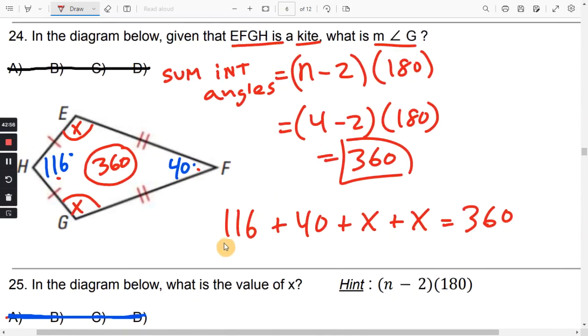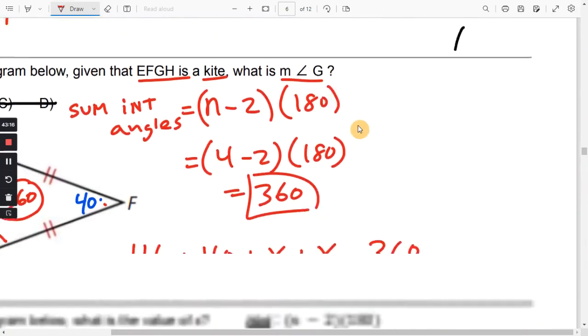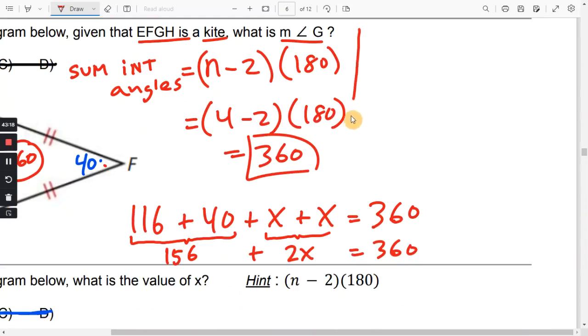Combining like terms, 116 plus 40 is 156, and x plus x is 2x. 156 plus 2x equals 360.